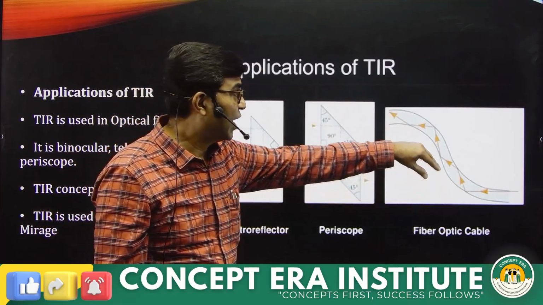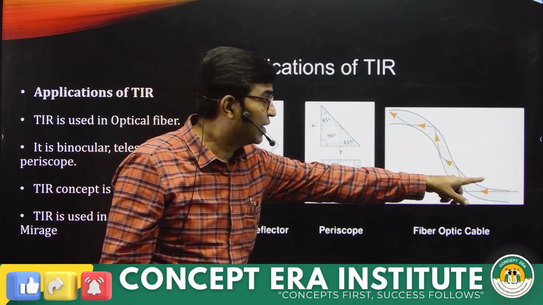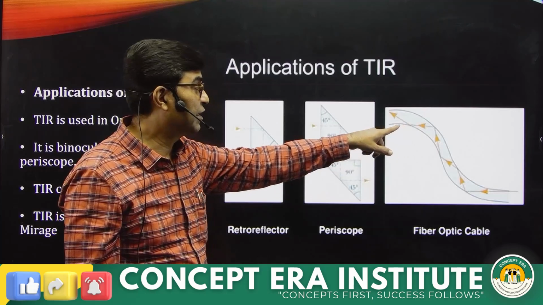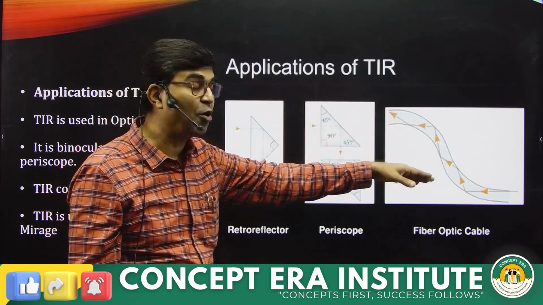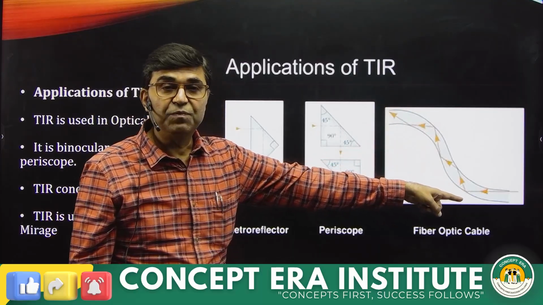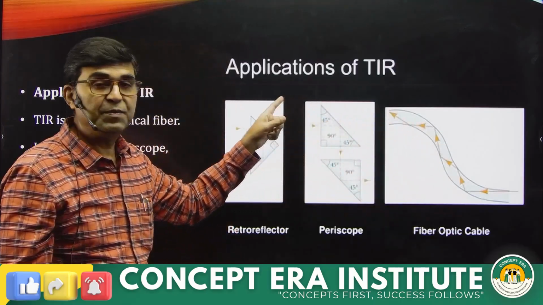No matter how we bend it, if we curve it, no problem. The light entering at a particular angle will suffer total internal reflection and will emerge from the other end, irrespective of how many bends there are. The light incident in this fiber carries the signals, and those signals are received by our router.